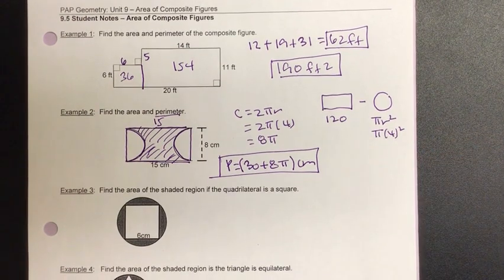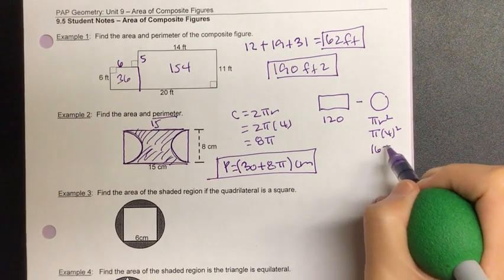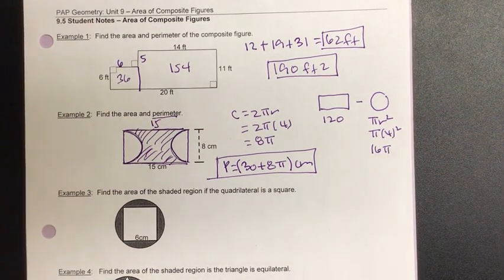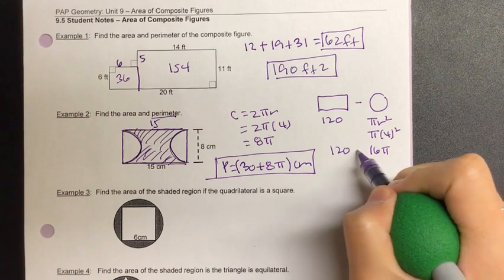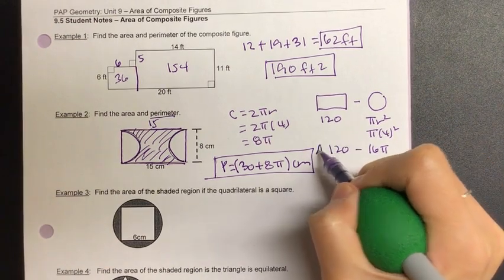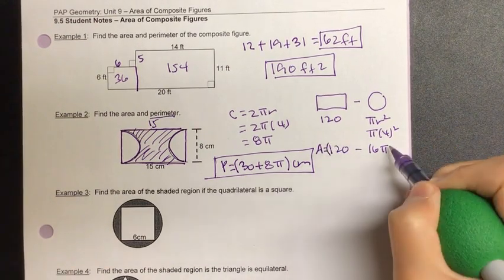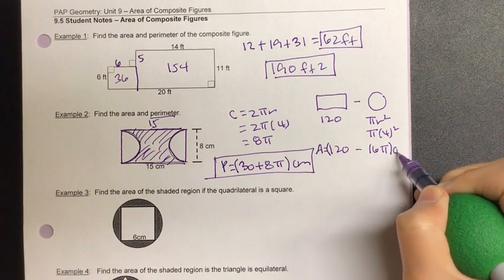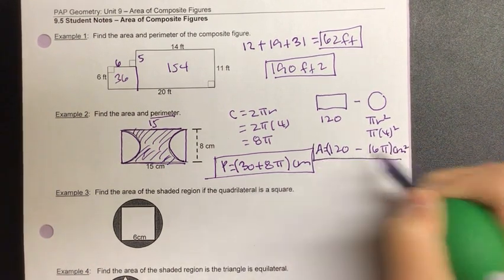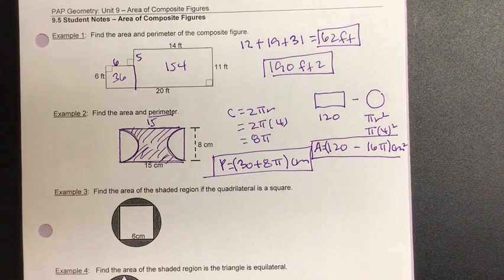How many is that? 16 pi. Does 120 also have a pi? No. So just put it at the beginning. Do not combine them. And that's going to be the area of this figure. I'm going to wrap that up with the parentheses to say we have a common unit. Boom.